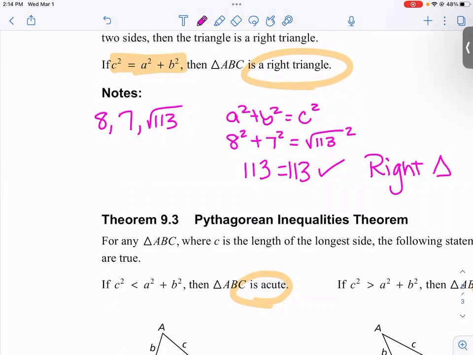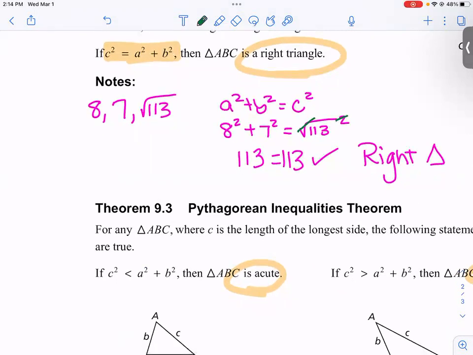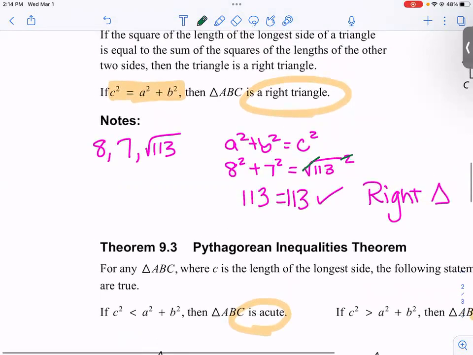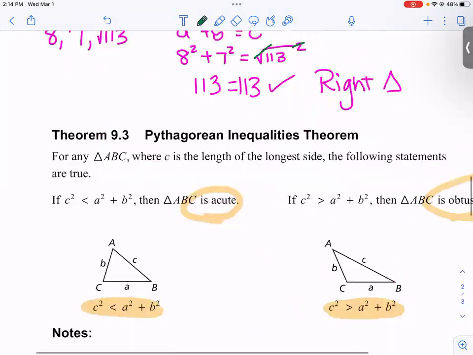Squared, because the square root and the square are going to cancel. Yeah? What'd you say, Paxton?